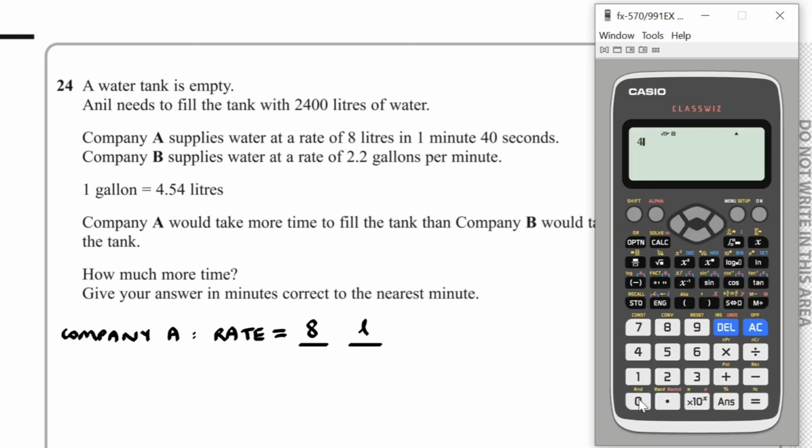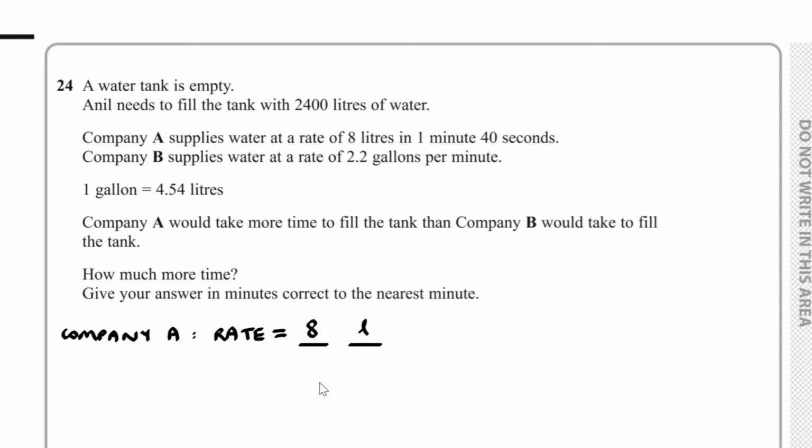Now 40 seconds, that in minutes, if I divide it by 60, that's 2/3. So here I have 1 minute and 2/3 of a minute added together, which is 1 2/3.